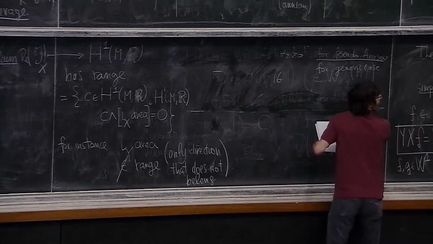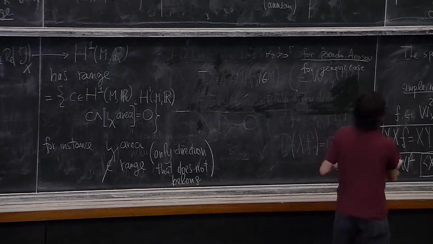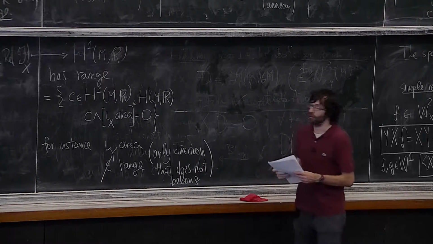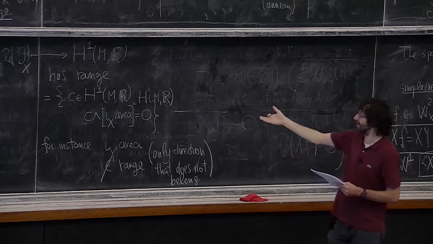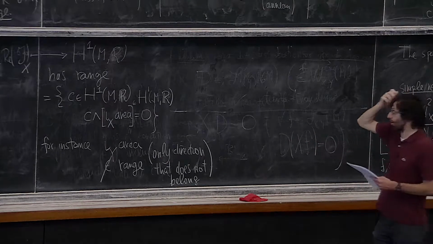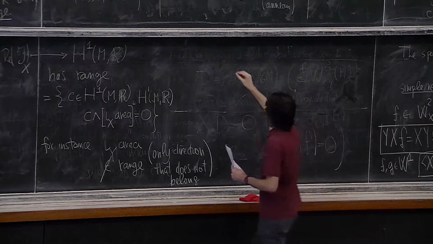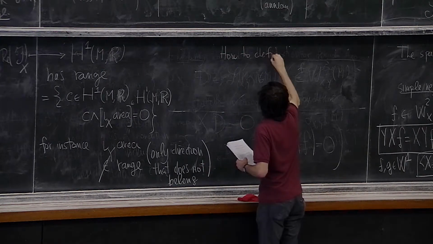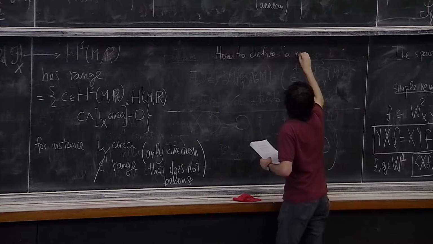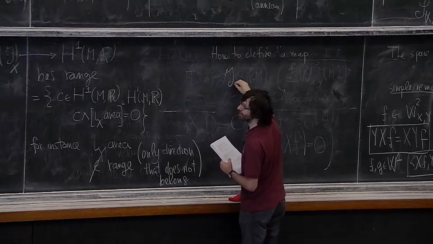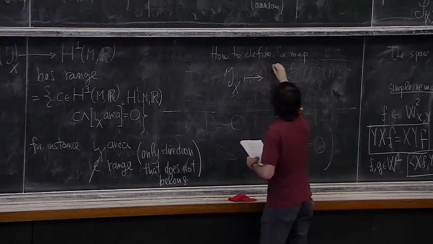What I want to explain here is how we associate a cohomology class, and what is the basic reason that this is true. It will not be too hard to explain why this is true. So first, how to define a map from invariant distributions to H1.